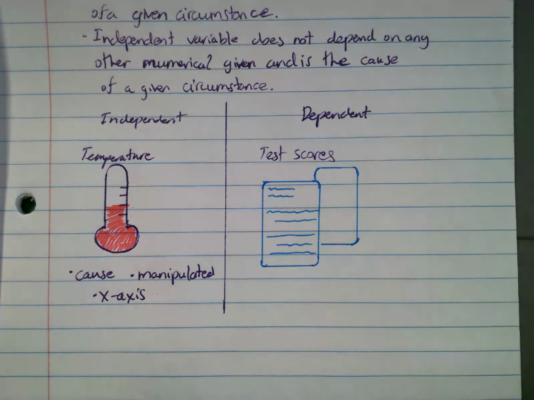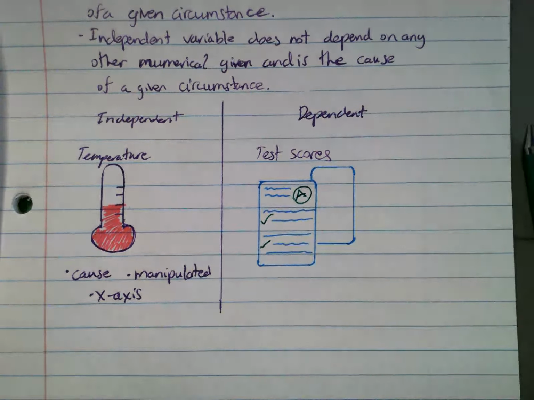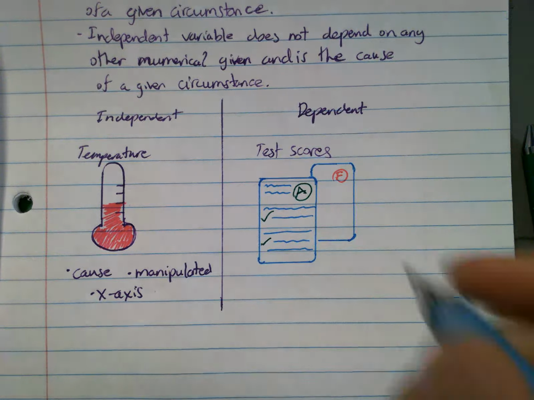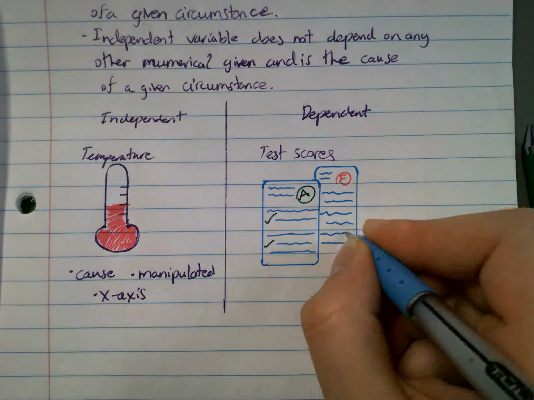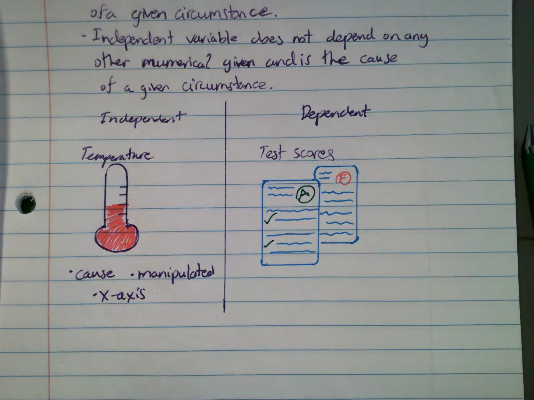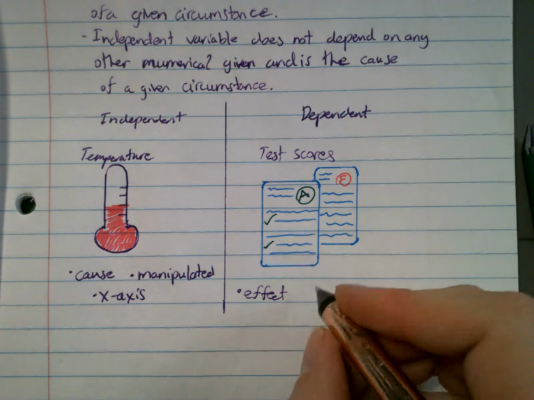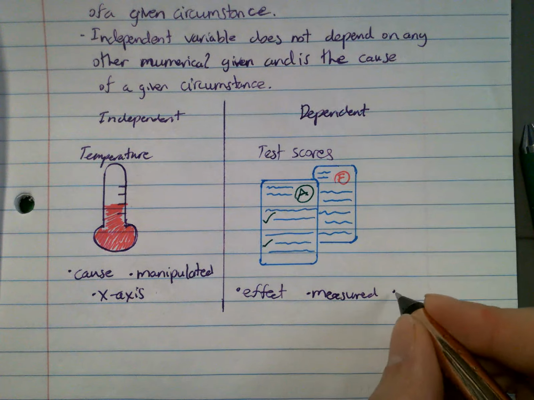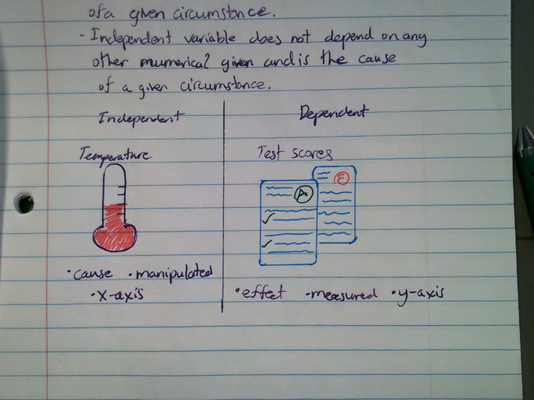Just to give you guys a visual representation. So yeah, test scores, because they have an effect, they can be measured, and they're on the y-axis. All right, so that's independent variables, all that jazz.